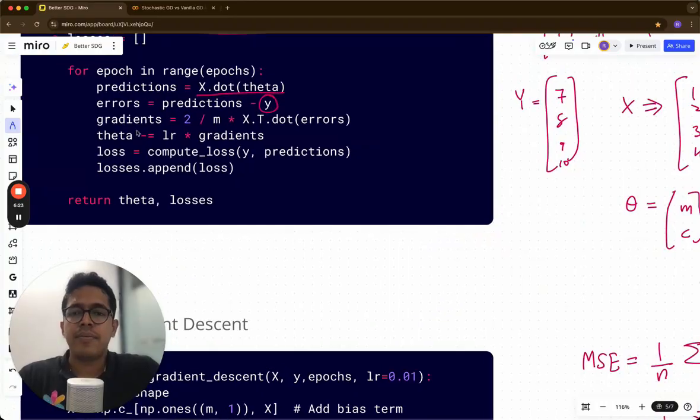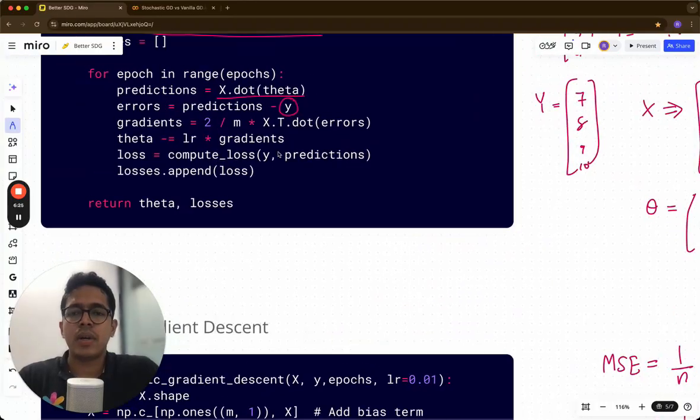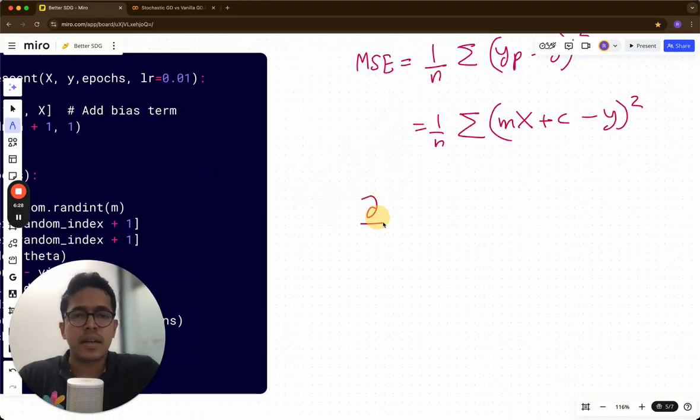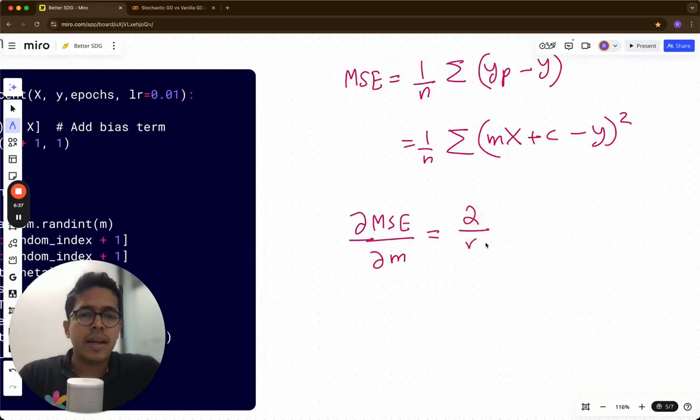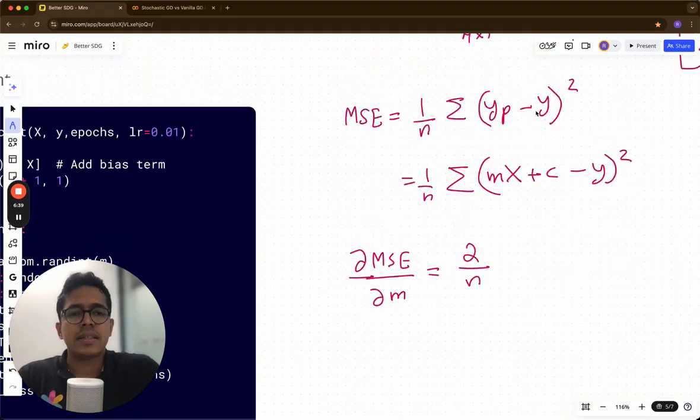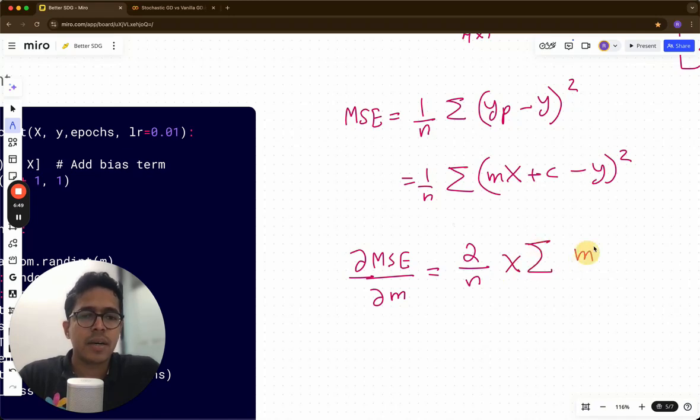Now if you want to get the gradient with respect to, let's say, m, then dou mean squared error by dou m equals 2 by n times x times sigma of (mx plus c, or rather y predicted minus y actual) the whole square.